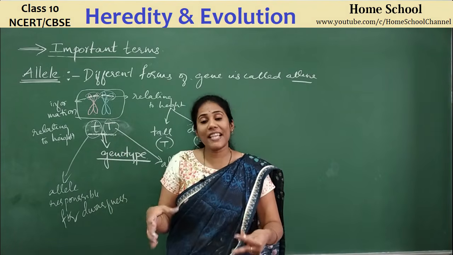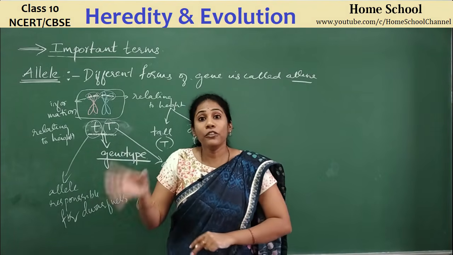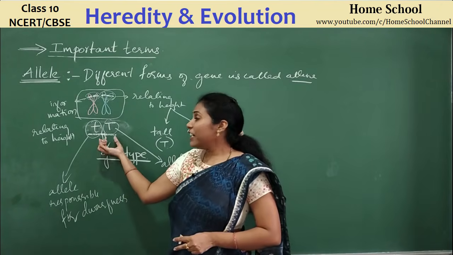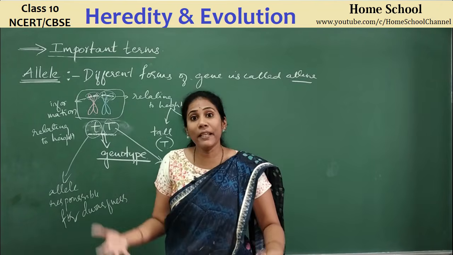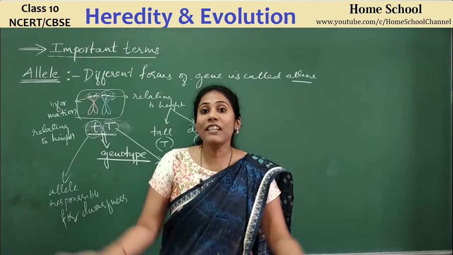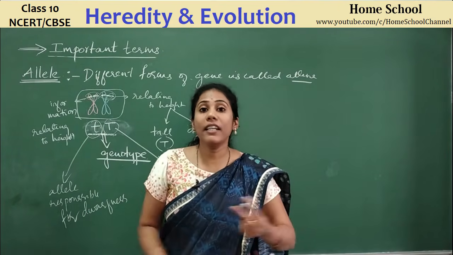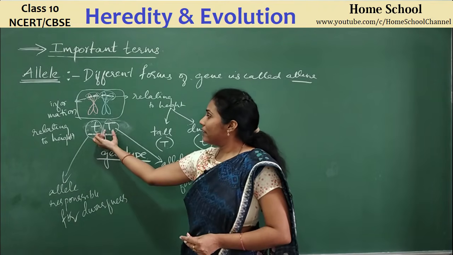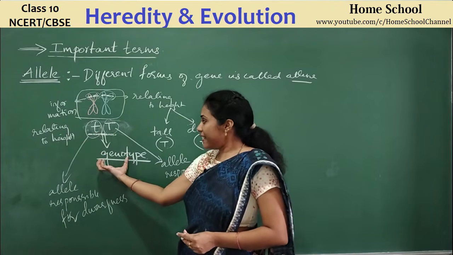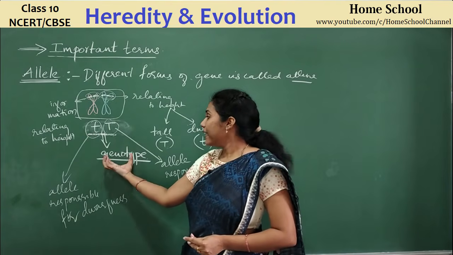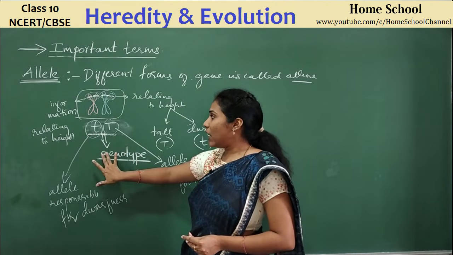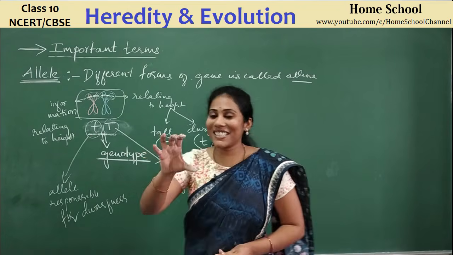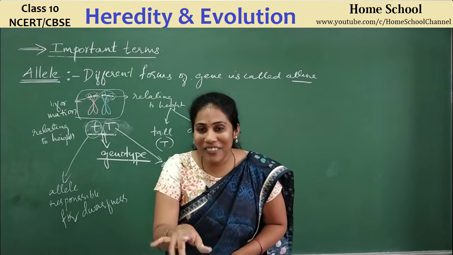The gene which is more active in a baby always predominates. Here, the gene for tallness is working more in the baby, so the baby will grow out as a taller individual. But what is the genotype of the baby? Capital T, small t. He is a taller one only. But he also has a gene responsible for dwarfness.